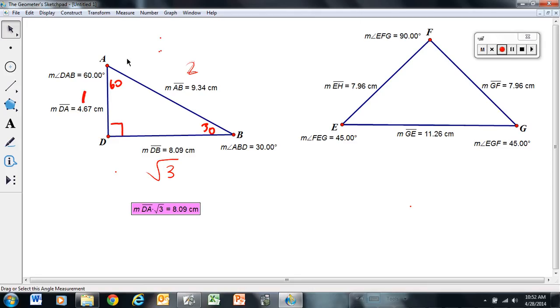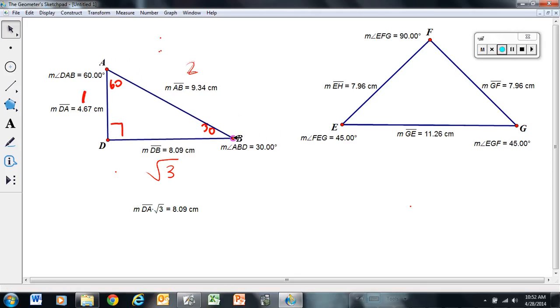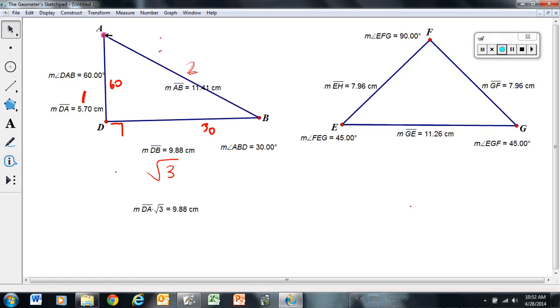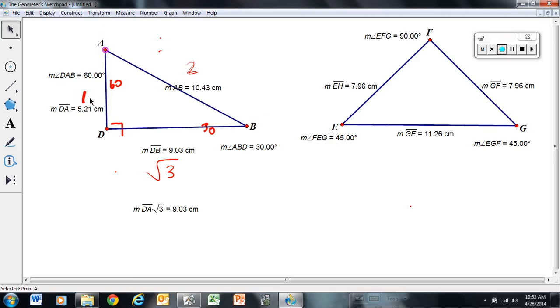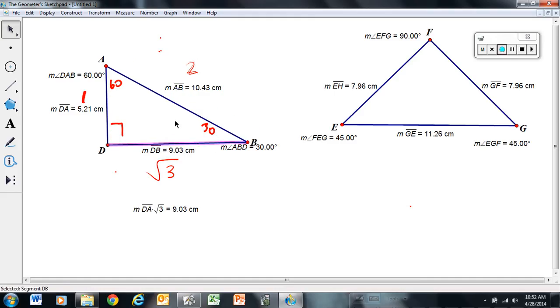So these ratios are always true. No matter how big I make this triangle, no matter what the shape is, notice how this side times root 3 always gives me this side. And also true is that the side opposite the 30, the 5.21, is half of the hypotenuse.